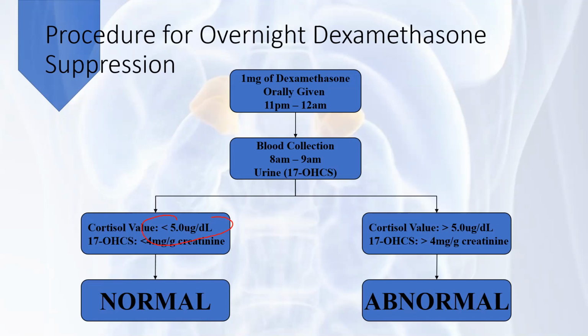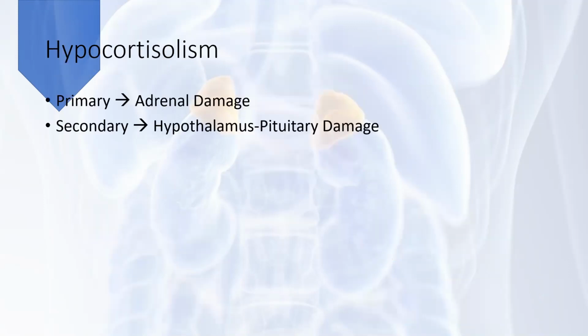Normal kapag ganun ang result natin. Okay? Now, if the result is greater than 5 µg/dL and greater than 4 mg per gram, then it means it is abnormal.